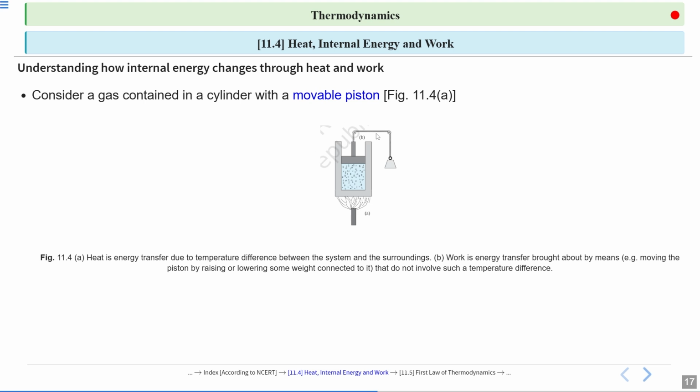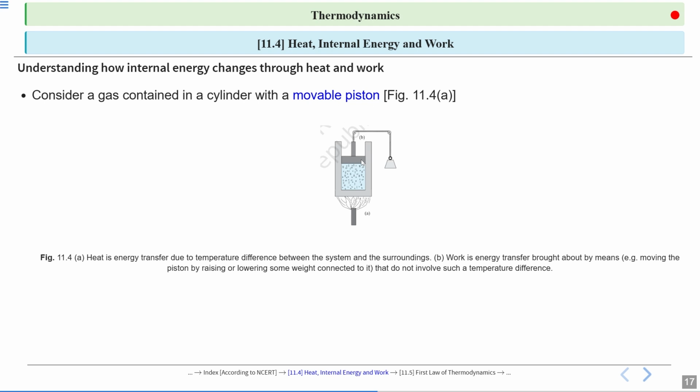Understanding how internal energy changes through heat and work. First, we consider a gas contained in a cylinder. Look at figure 11.4a. A cylinder having gas particles with a movable piston.